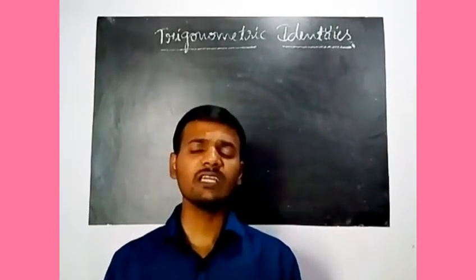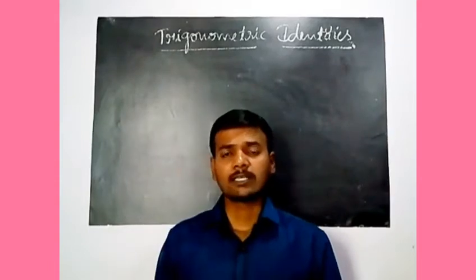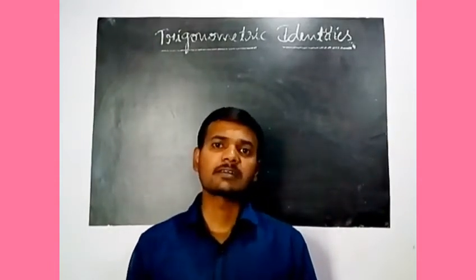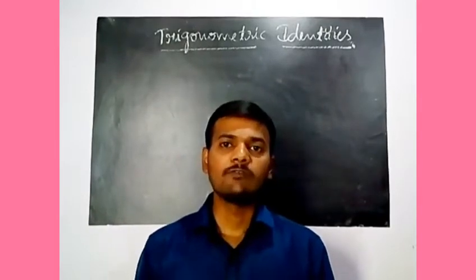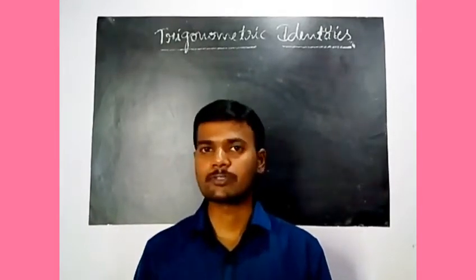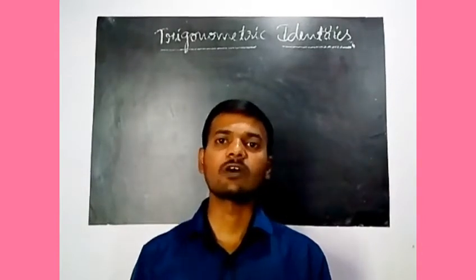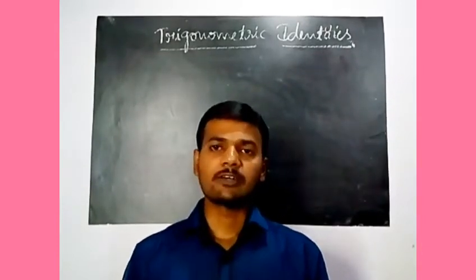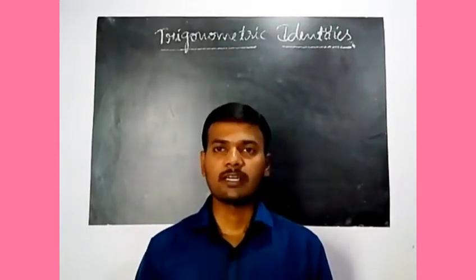Okay, a and b are constants or variables. Now let us discuss trigonometric identities. Trigonometric identities are equations involving trigonometric ratios of an angle theta for the given triangle.